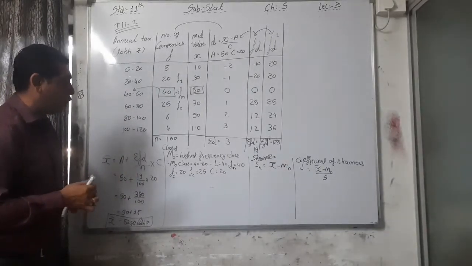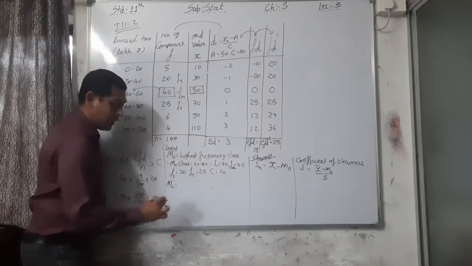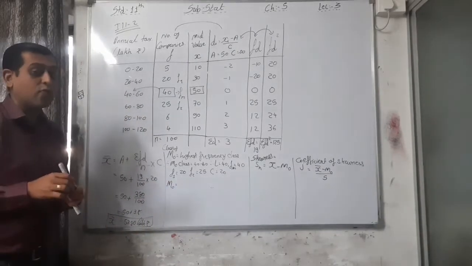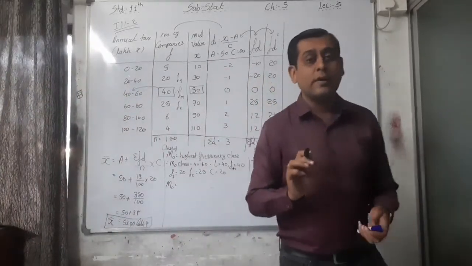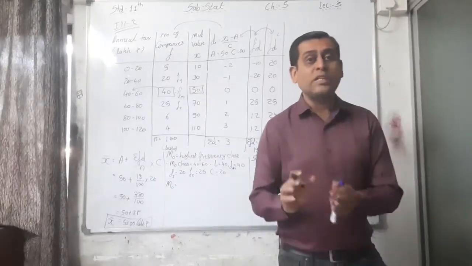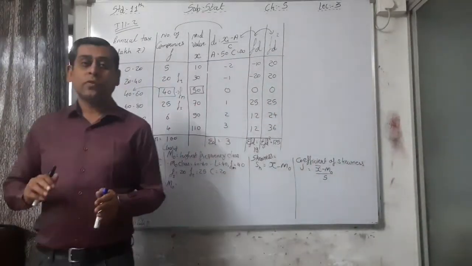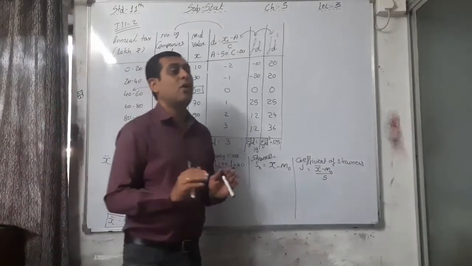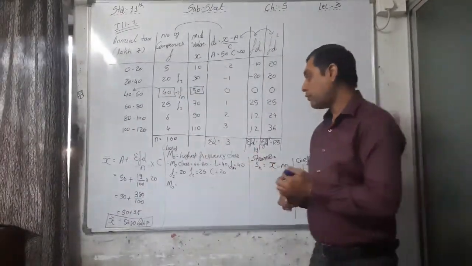What is the value of mode? Formula for mode, first of all we have to remember the formula of mode of continuous grouped data, which is in chapter number 3. From this chapter we can make a revision of chapter number 3 also. You have to remember all the formulas, otherwise you cannot find out the value.